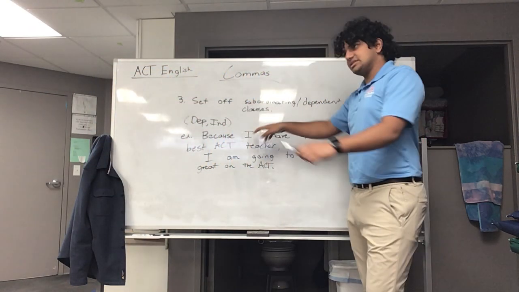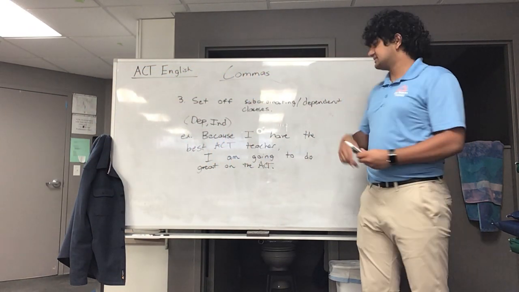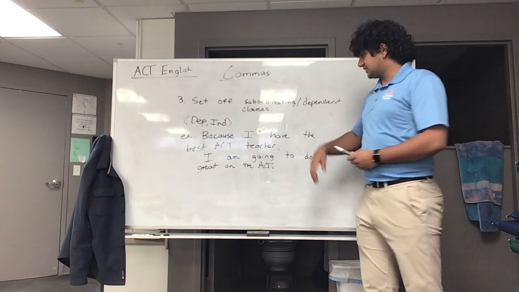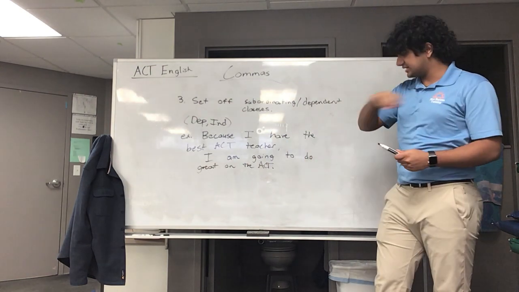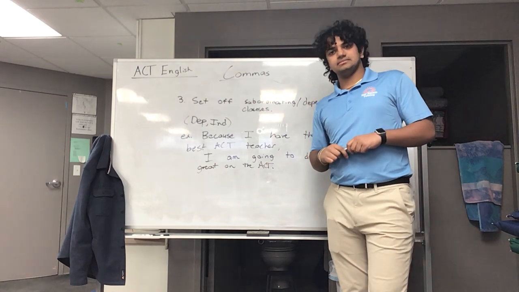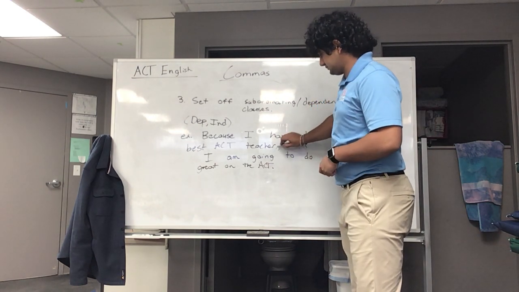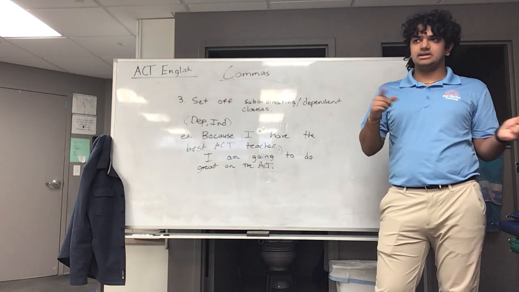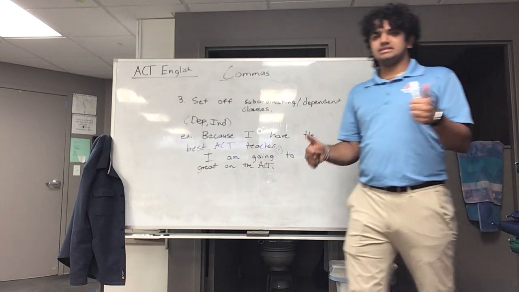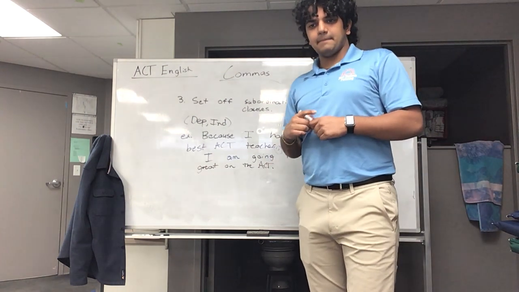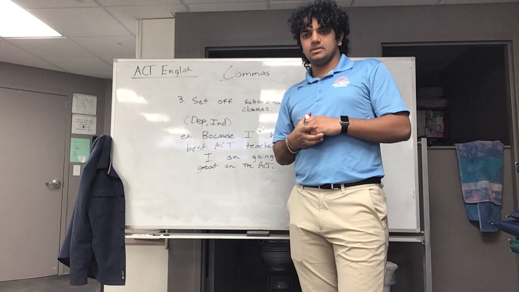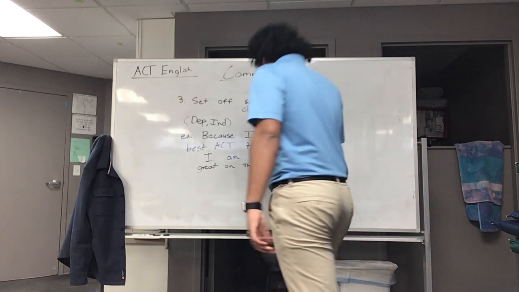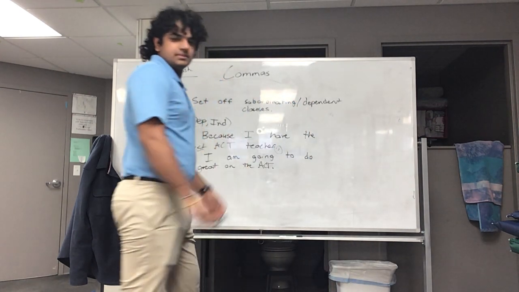So, if we were to put these two things together into one sentence, we have to put a comma in between. So it says, "Because I have the best ACT teacher, I am going to do great on the ACT," with a comma in between. Does that make sense to you guys? Good? Online, does that make sense? Awesome.